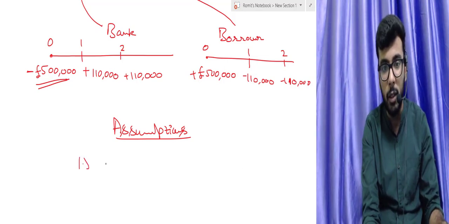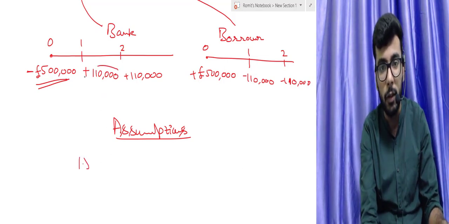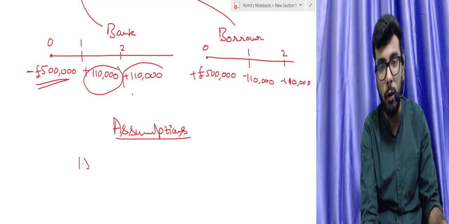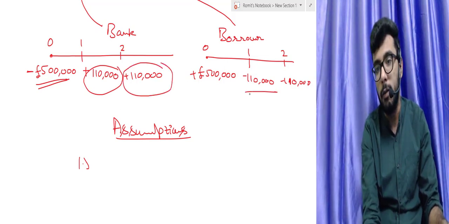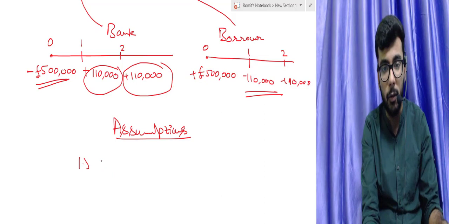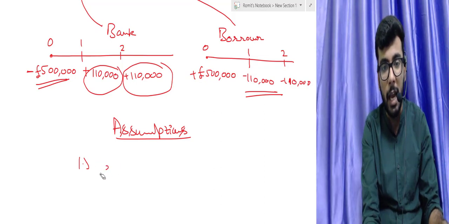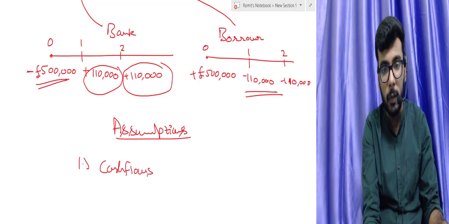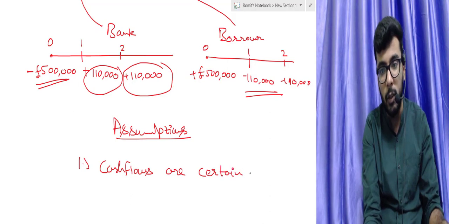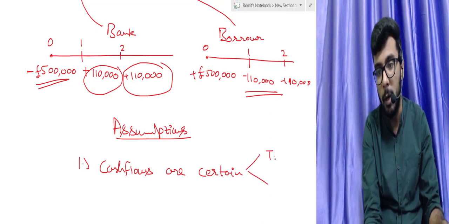First assumption is that the cash flows, whatever inflow or outflow occurs from either side, are certain, both in terms of the timing and the amount of their payment.